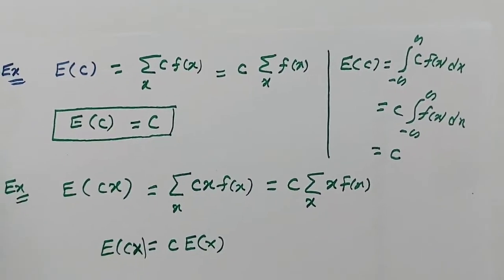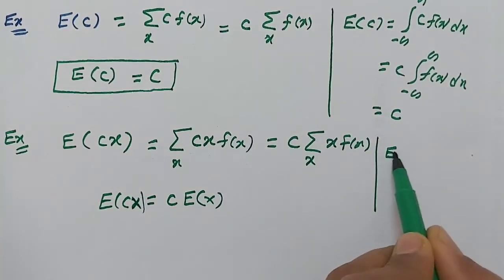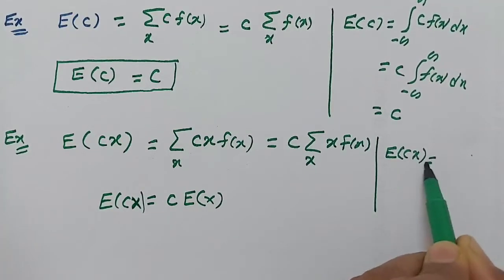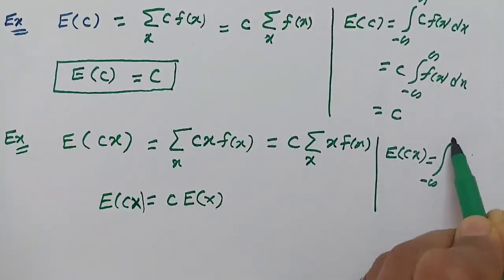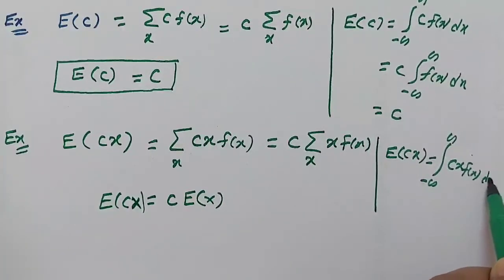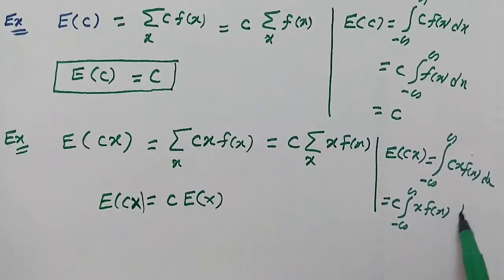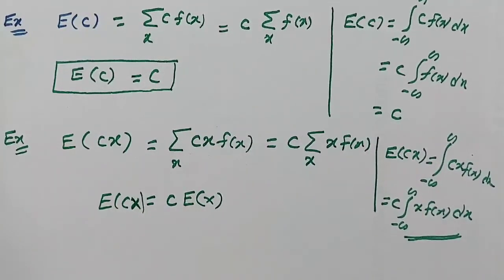If you apply the same concept for the second example, then the expectation of c into x for continuous is the integral from minus infinity to infinity of c x f of x dx. Now see here, c is again a constant, we can take it outside the integral, and the integral from minus infinity to infinity of x f of x dx is again nothing but the definition of expectation of x.